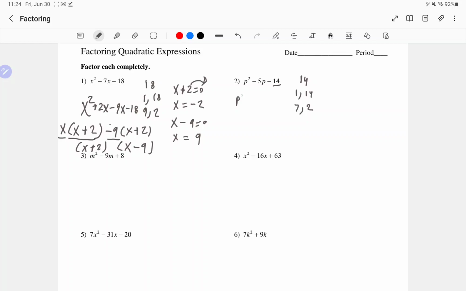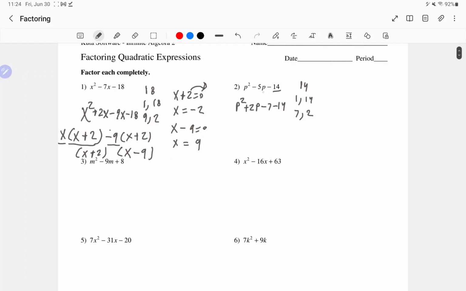Let's set the equation up, because this is how you factor by grouping. Let's do positive 2p and then negative 7p, because we want this to stay negative. So negative 14. Do not mistake that: negative 7p, negative 14.